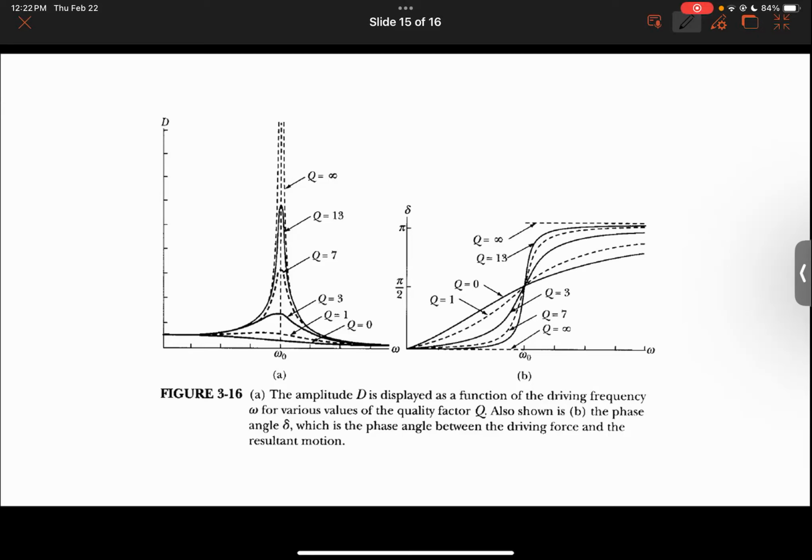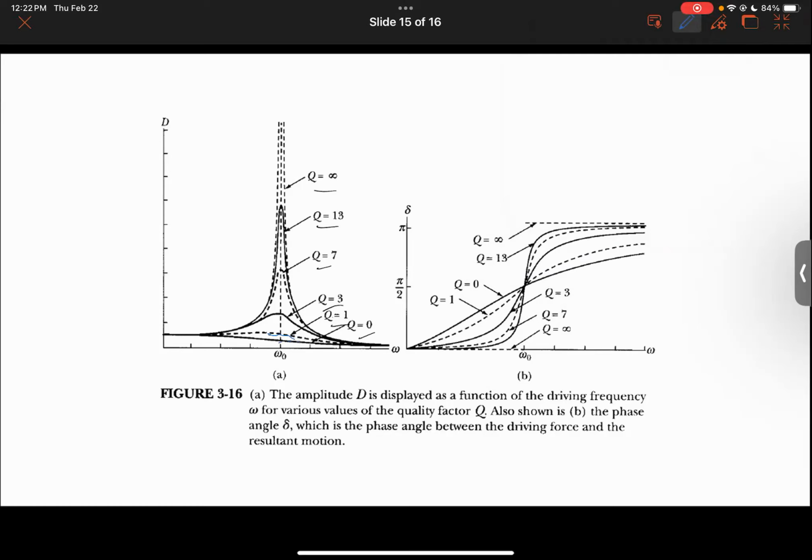You can also see that the graph of D changes with respect to the quality factor. For Q equals 0, this is the graph, which is fairly flat. At Q equals 1, it starts to peak, and as Q increases, it peaks more and more.